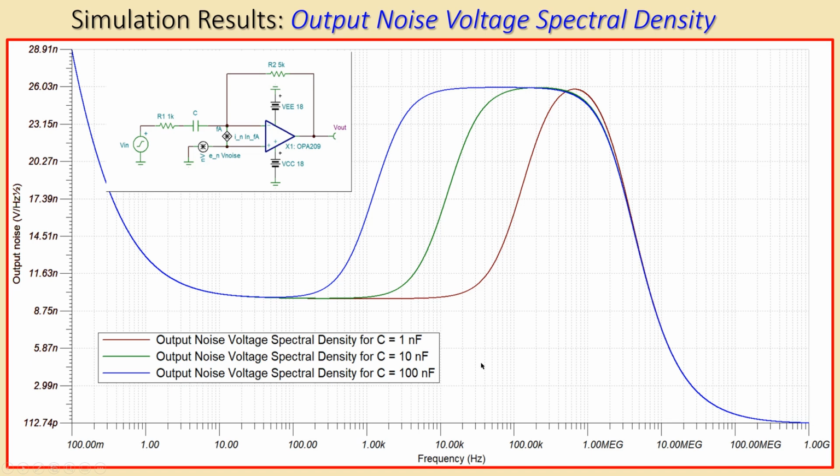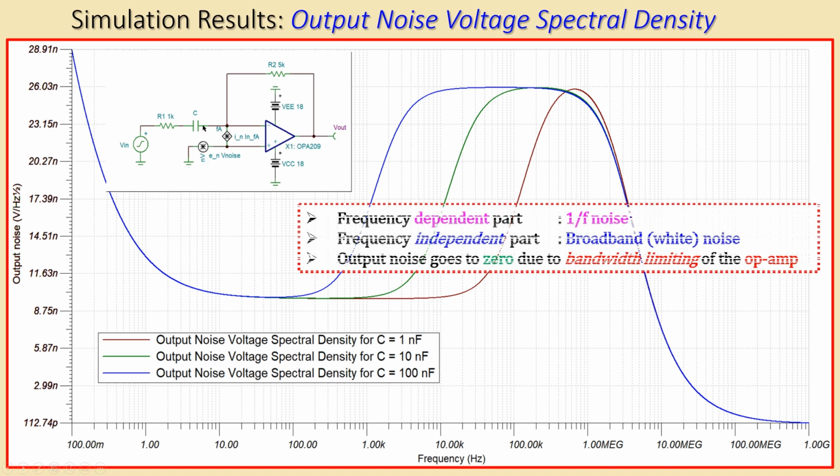That's why we have this plot. Otherwise, if this were not placed here, it would approach very high values, because the high pass means it will pass high frequencies. So again, there is a frequency independent part, and the output goes to zero due to the band limiting of the op-amp in this case.